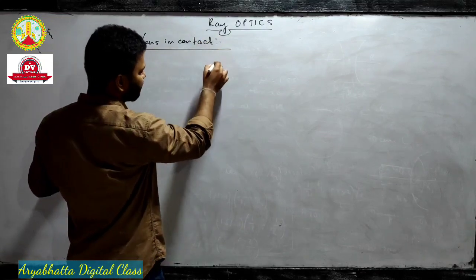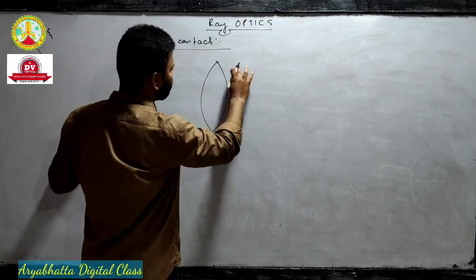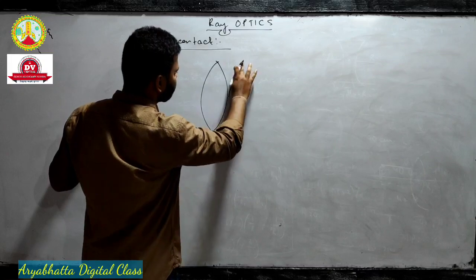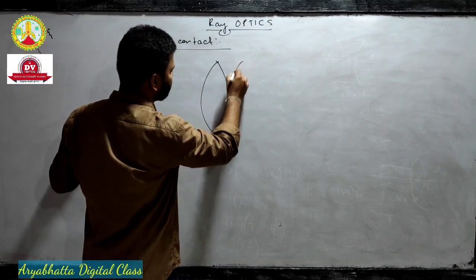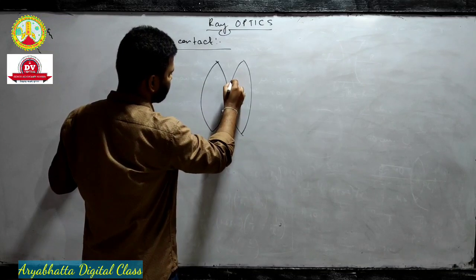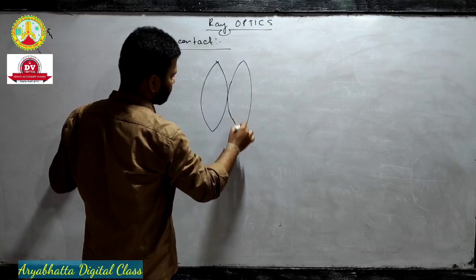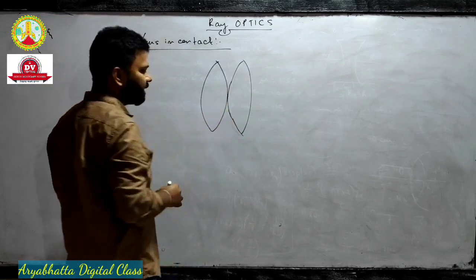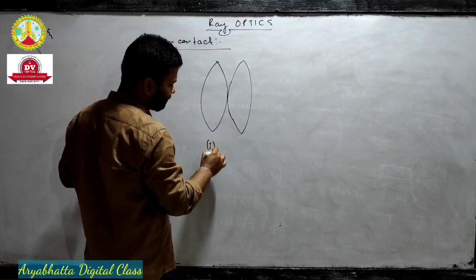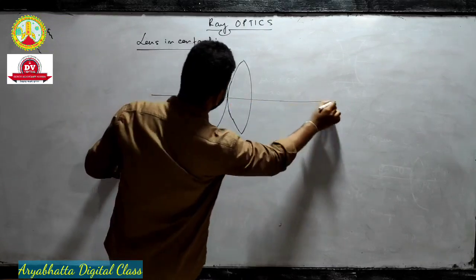Now this is, suppose, one lens, and this one is, suppose, another, and we have to make the contact here. So they are in contact with each other. This one is suppose lens number 1. This one is suppose lens number 2. This is the common principal axis.